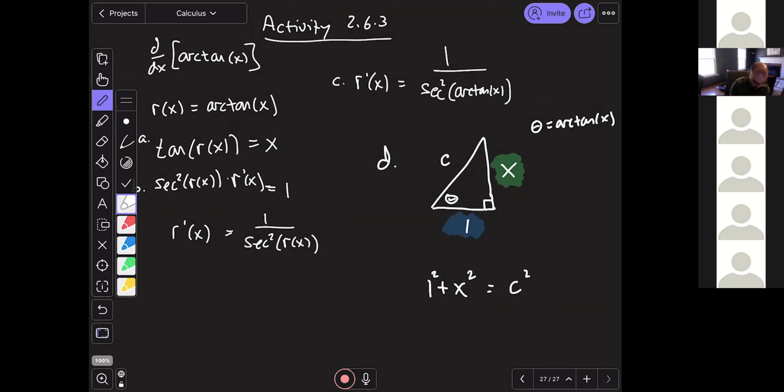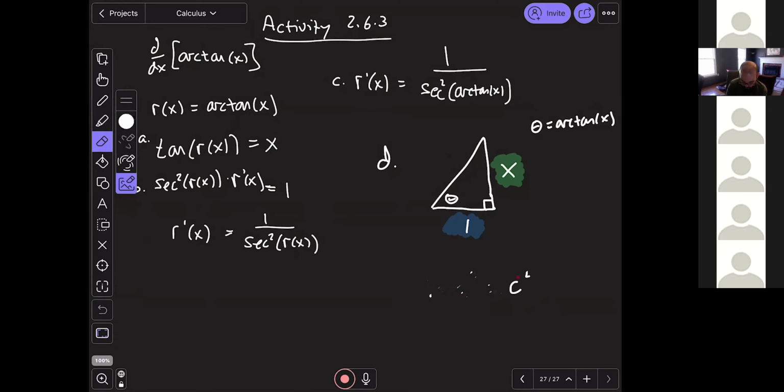Okay, so we'll go ahead and put that up here. We'll get rid of this stuff, and then we'll say this is the square root of 1 plus x squared.